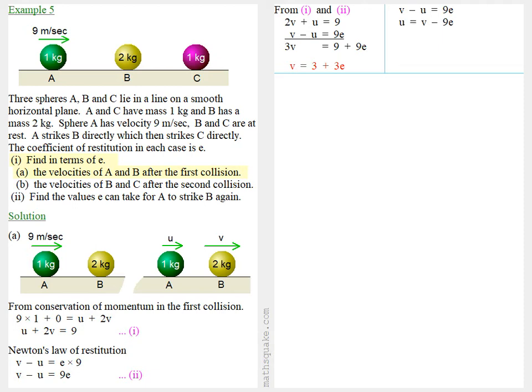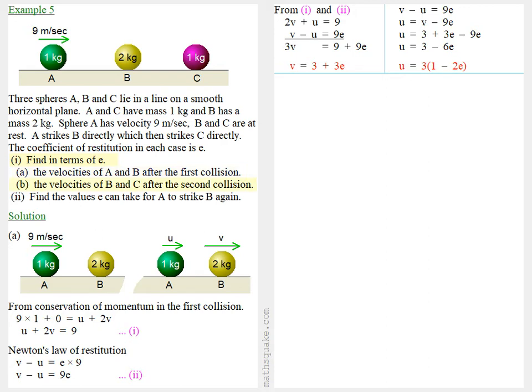So u equals v minus 9e. Now, if we substitute v as 3 plus 3e, that gives us u equals 3 plus 3e minus 9e, so u is 3 minus 6e. And this gives an answer, u equals 3 into 1 minus 2e.